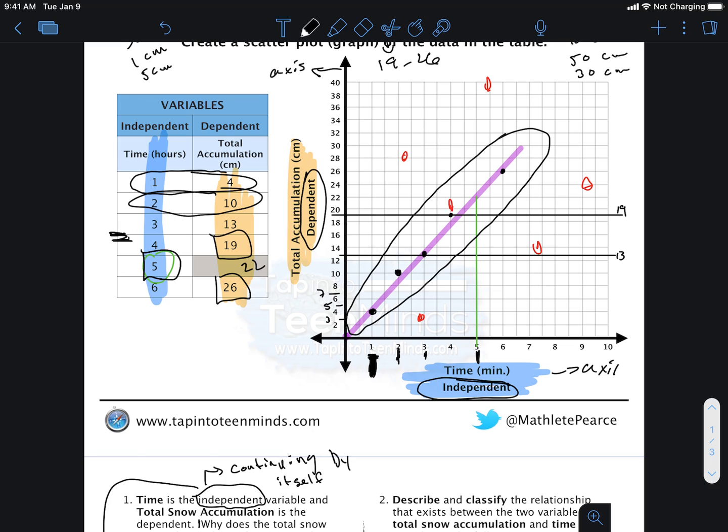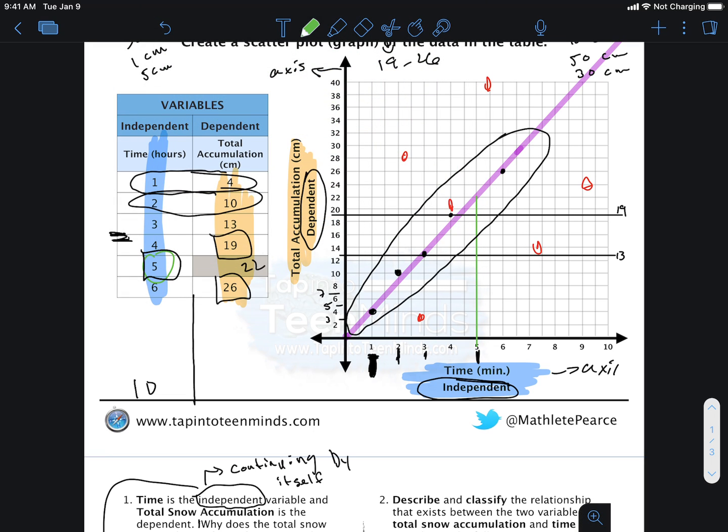Okay? Is 10 inside my data? No, it's way down here, right? So what are we going to classify that as? Extrapolation. I'm going to continue this purple line here and take a guess as to how much snow would have fallen after 10 hours. 10 hours is on the blue axis.